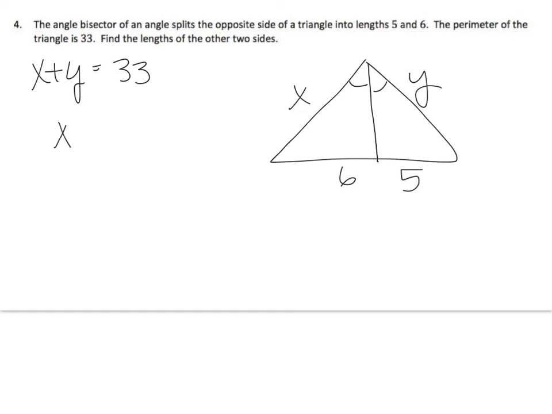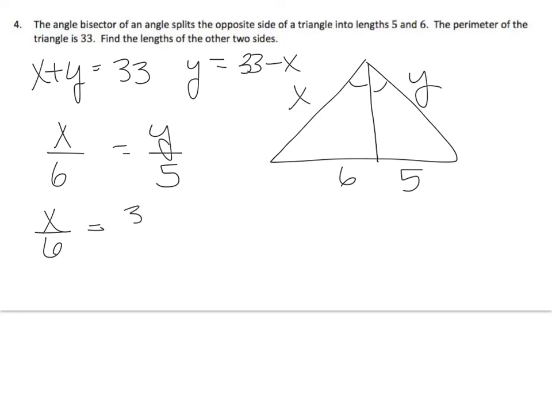I'll set up my simple proportions. x over 6 equals y over 5. Let's go ahead and solve for y and substitute. So x over 6 equals 33 minus x over 5.